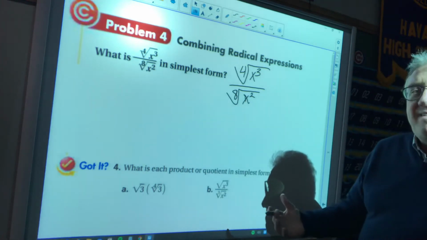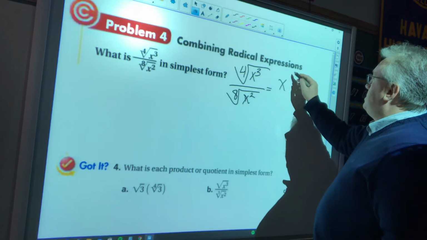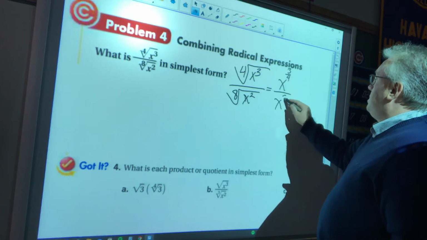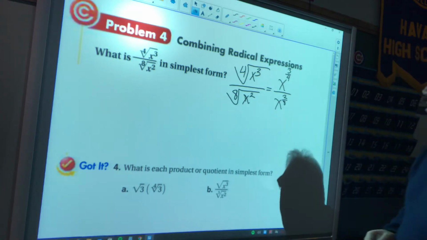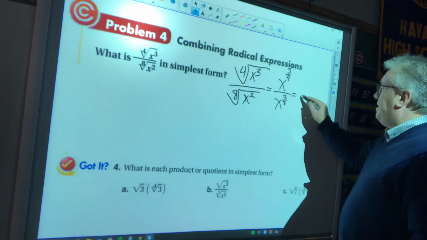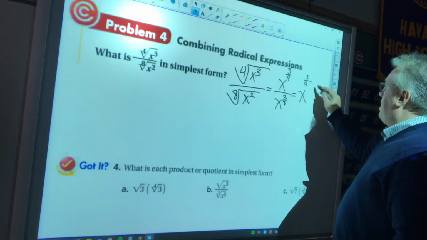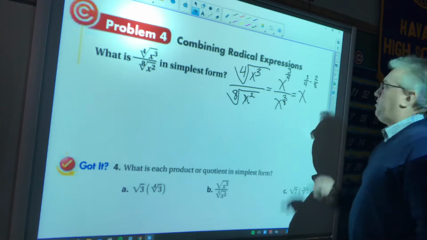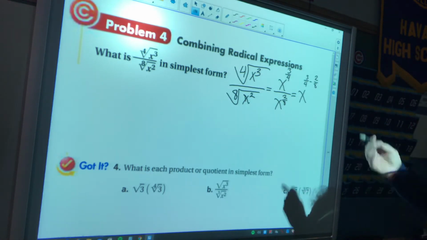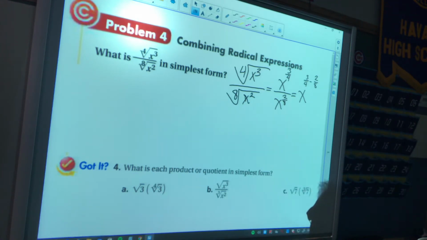If I rewrite that in exponential form, I get x to the 3/4 power divided by x to the 2/8 power. Okay? Which means x to the 3/4 minus 2/8 power. That is one of our properties of exponents.